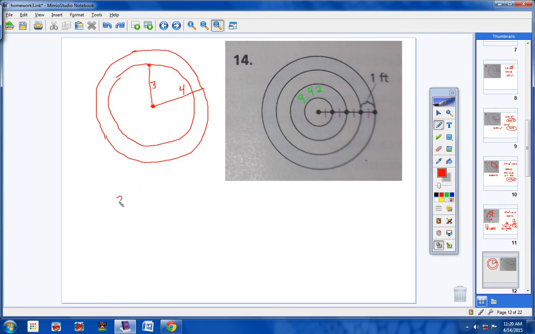So the area of the entire circle is 3.14 times radius squared. So we have 3.14 times 16, which would give us 50.24.